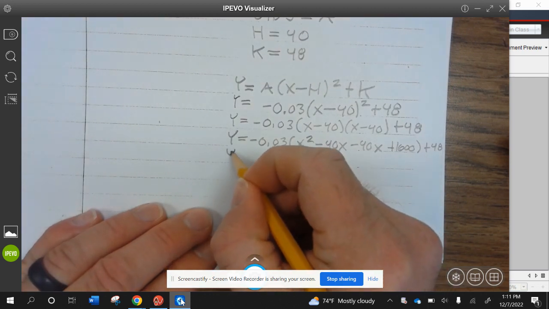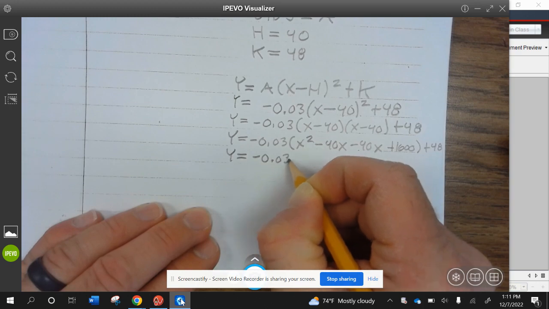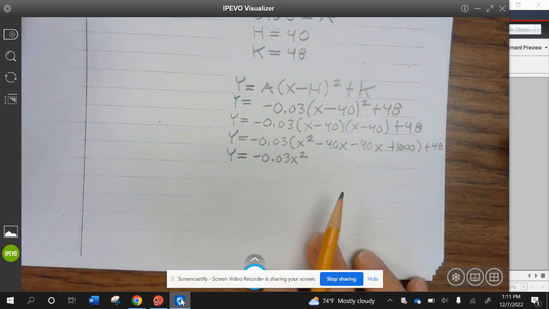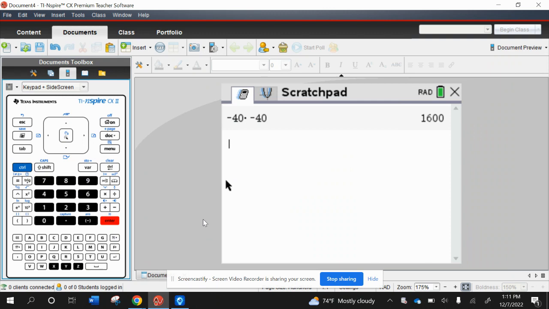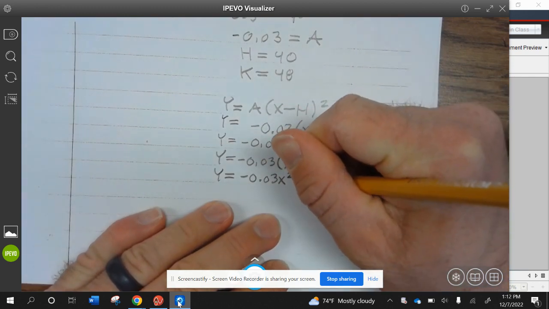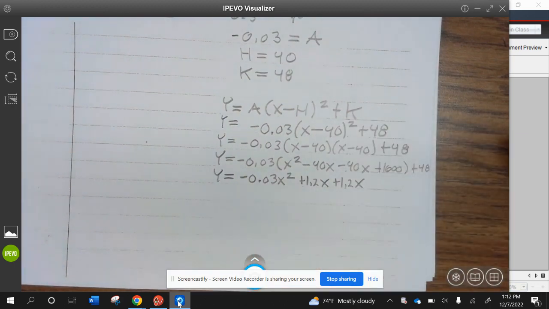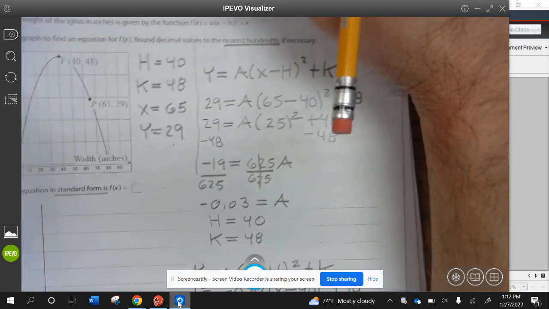Okay, so then that's y equals negative 0.03x squared. And then let's find out what negative 0.03 times negative 40 is: 1.2. So that's plus 1.2x plus 1.2x. And then we need to use our calculator.